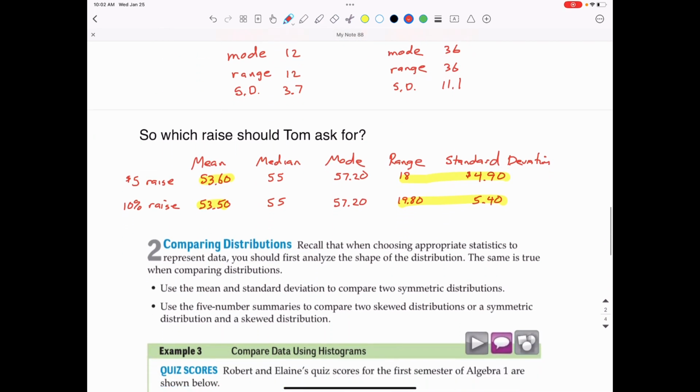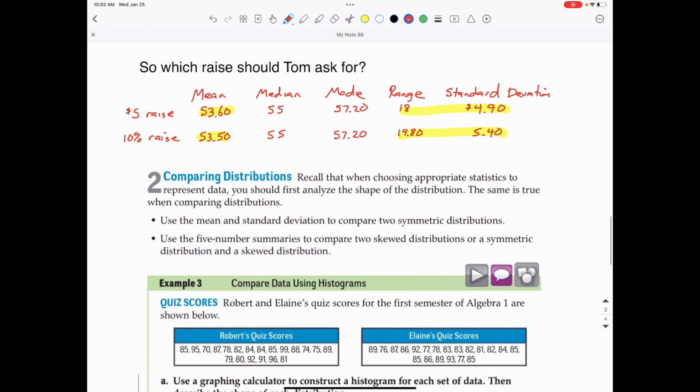So back to the original question is, which raise should Tom ask for? So I've already written out in a chart here what his mean, median, mode, range, and standard deviation was from the dot plots with the $5 raise and with the 10% raise. And notice that the median and the mode are identical no matter which type of raise he wants.